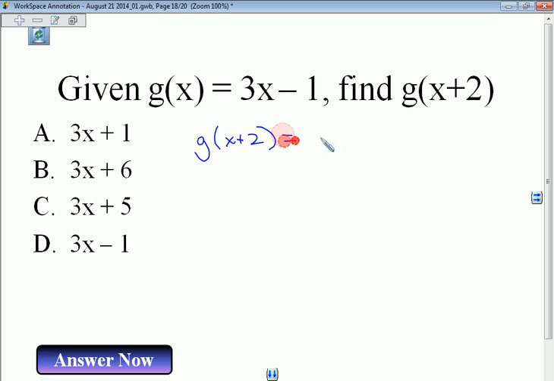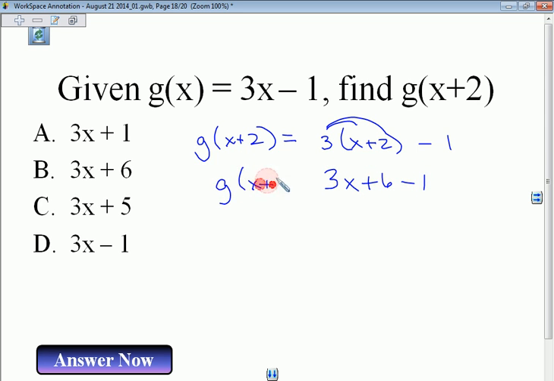So the x plus 2 gets plugged in. And we have to distribute the 3. And so we get 3x plus 6 minus 1. So G of x plus 2 is equivalent to 3x plus 5. Okay? Does that make sense? All right.